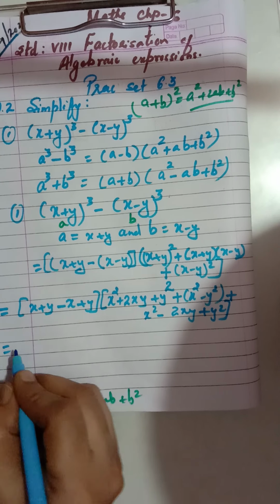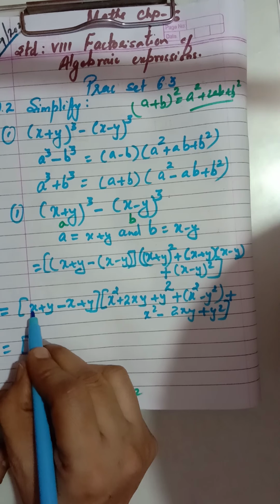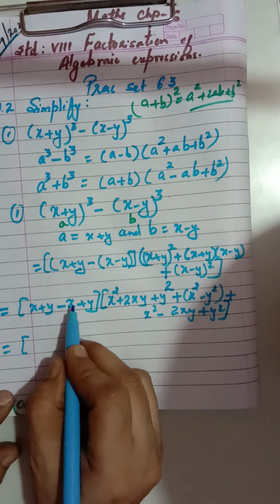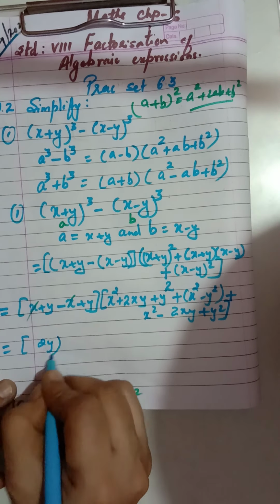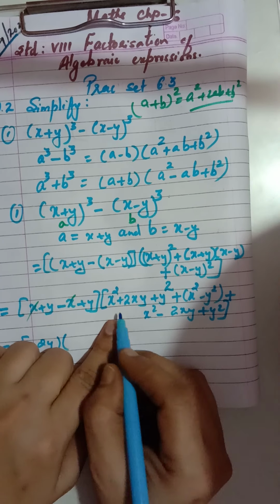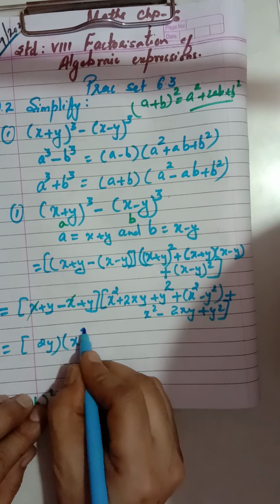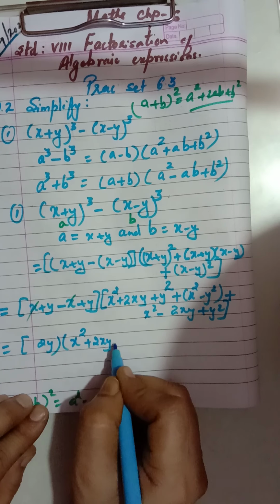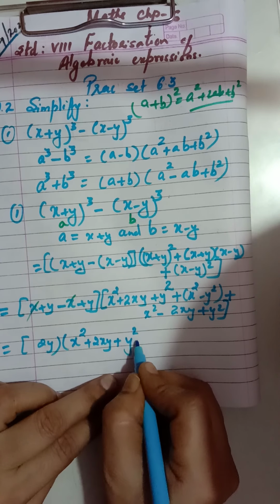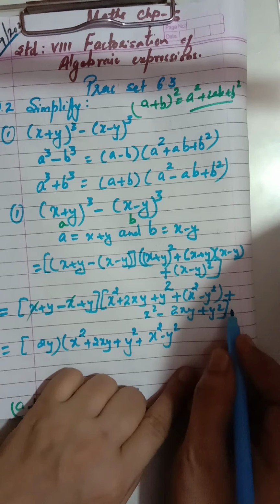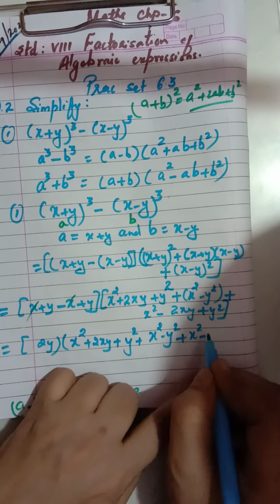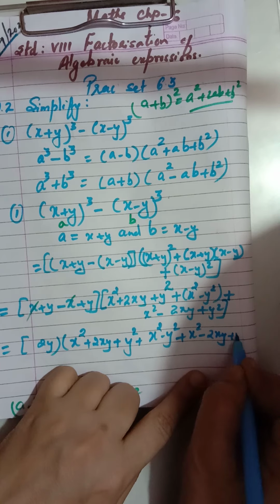Now this is equal to, see here, plus x minus x gets cancelled. So what is remaining? Only 2y. Okay, second bracket, we are just opening the second bracket: x square plus 2xy plus y square plus x square minus y square plus x square minus 2xy plus y square.